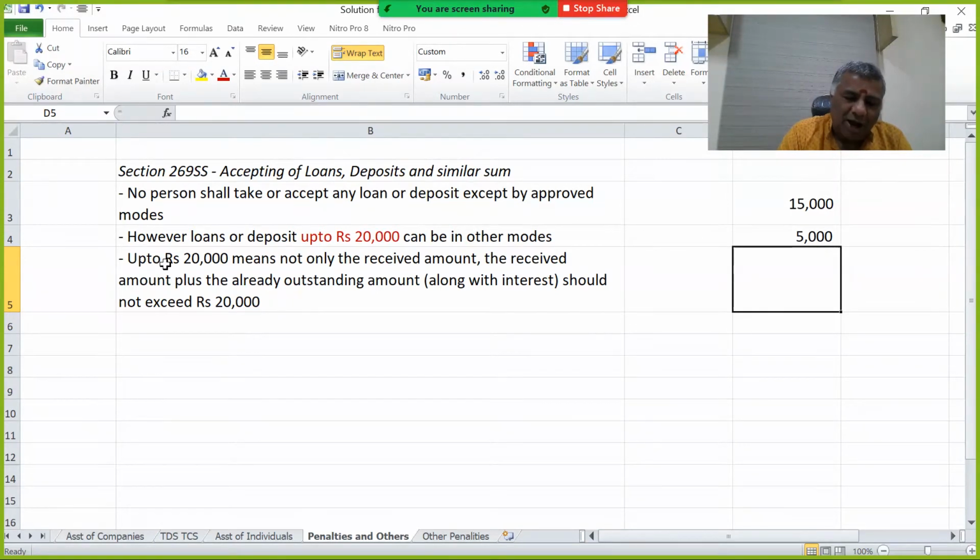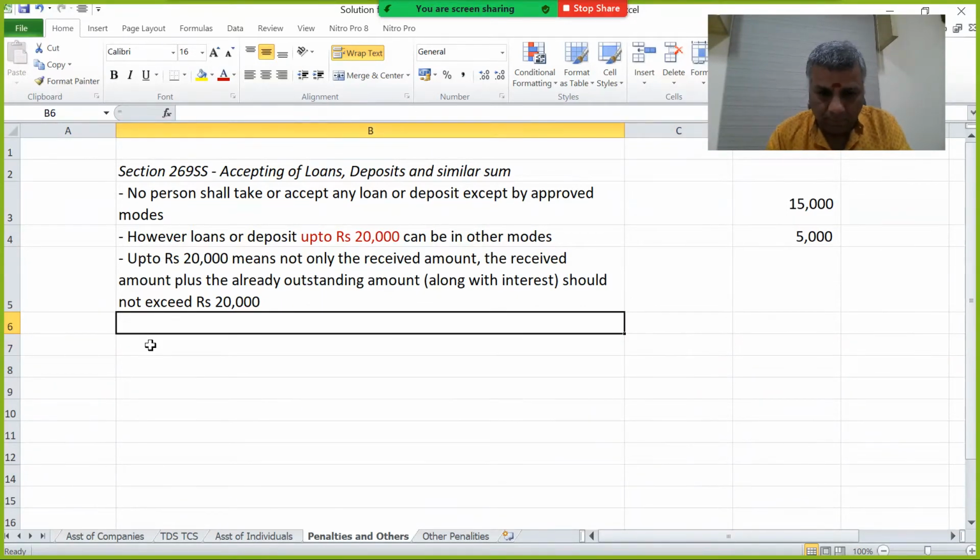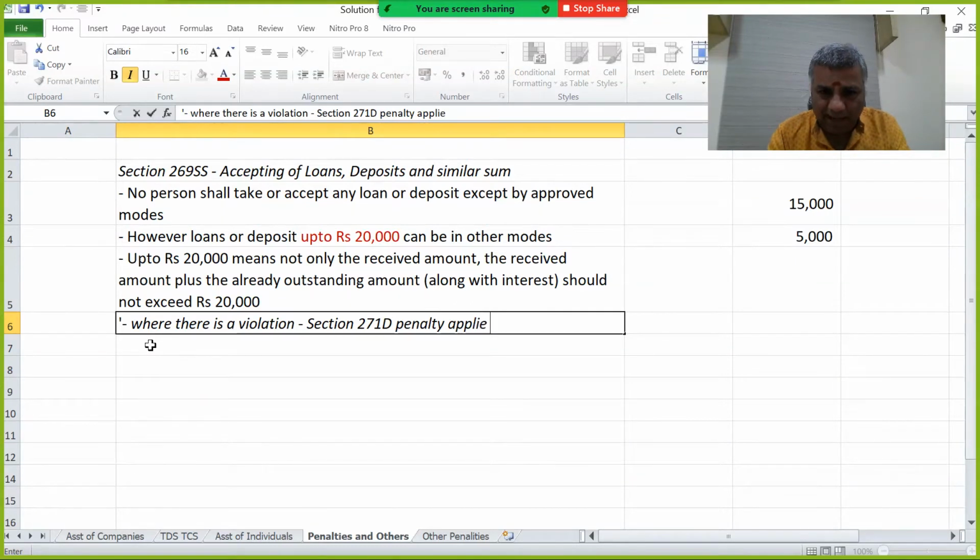We know debit card, credit card, NEFT, BHIM, RuPay, whatever banking channels there may be. Where there is a violation, section 271D penalty applies.